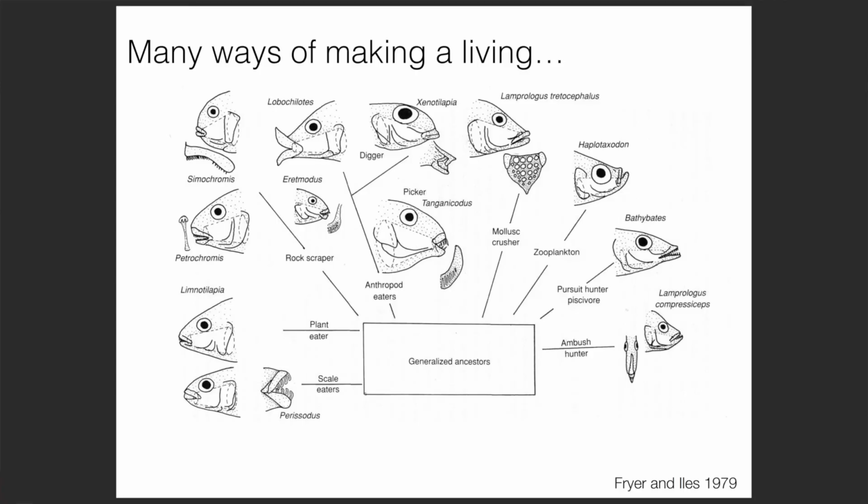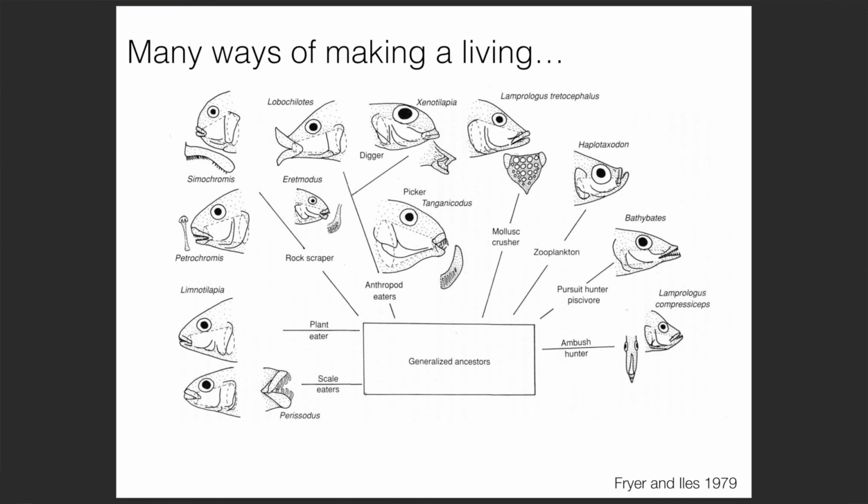So in this process of adaptive radiation, from a generalized ancestor, we have the evolution of specialized ecology such that within each of these cichlid adaptive radiations, we have the evolution of fish that are specialized to eat scales of other fish, fish that are specialized to eat algae off of rocks in all kinds of different ways, fish that have funny fat lips that help them eat invertebrates between cracks in rocks, other fish that have these jaws in their throat called pharyngeal jaws that help them crush mollusks, and also all kinds of specializations to eat other fish.